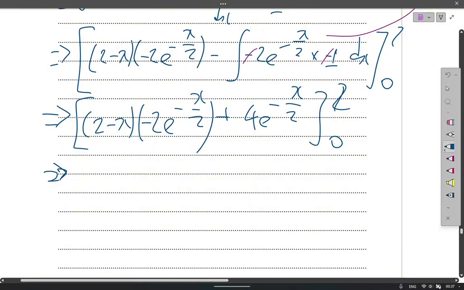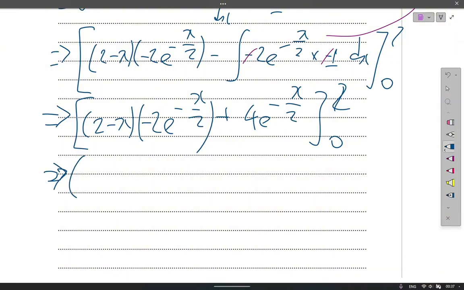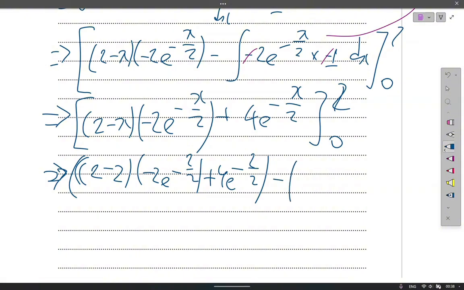Now, when you substitute values, we get 0, 0, and 0 here.